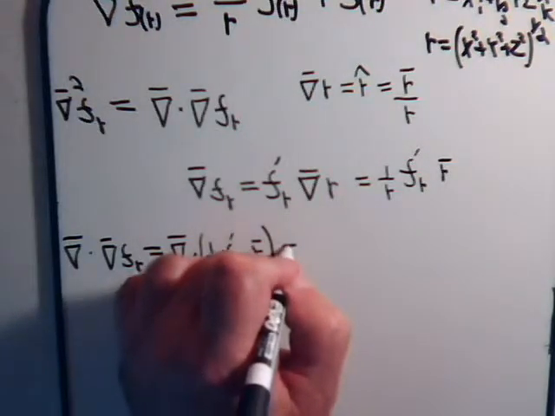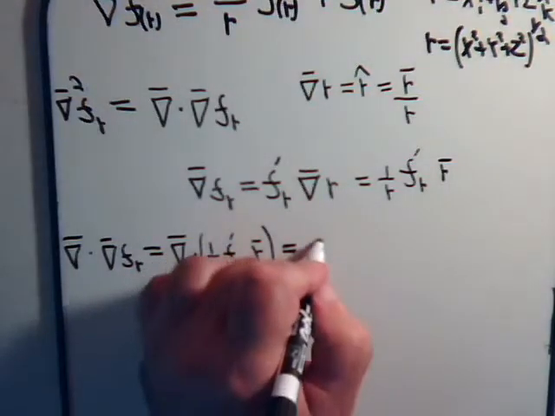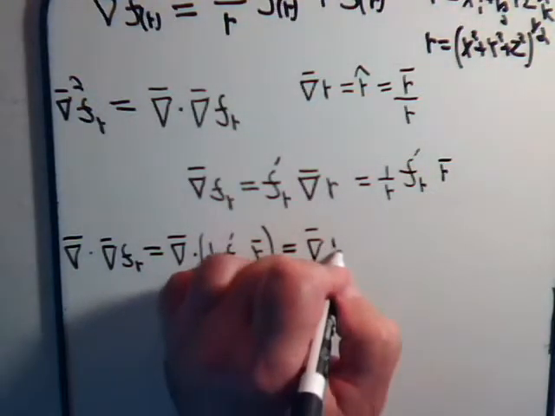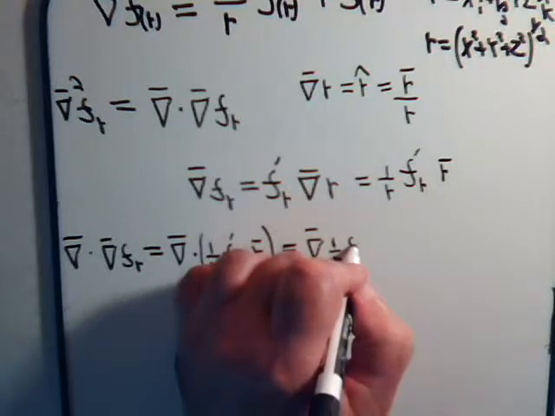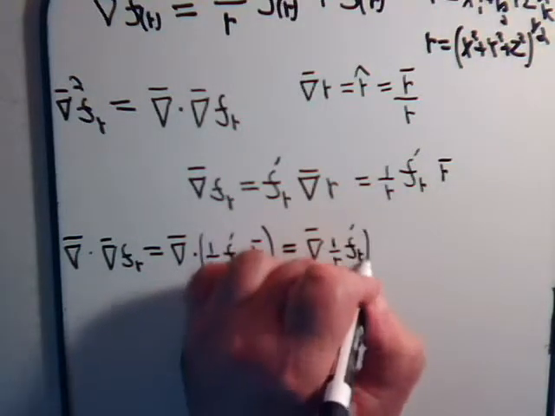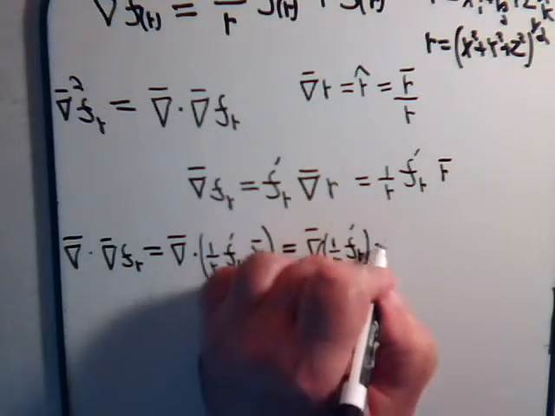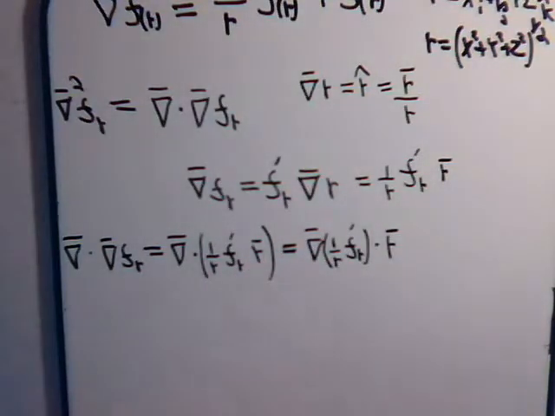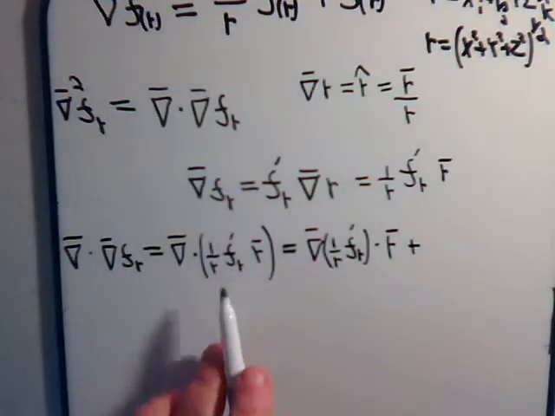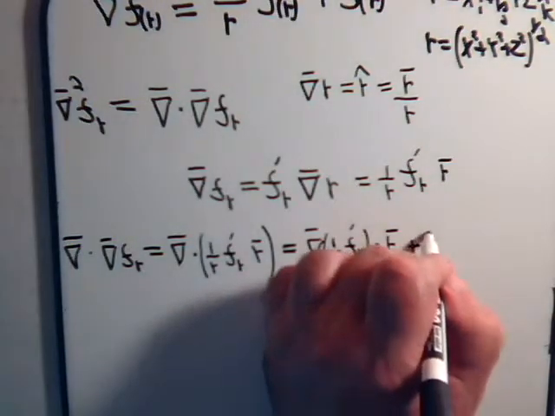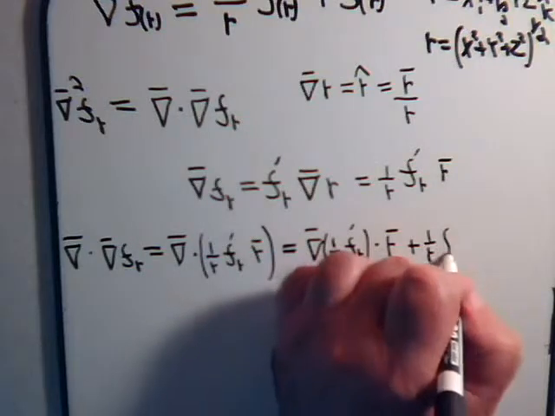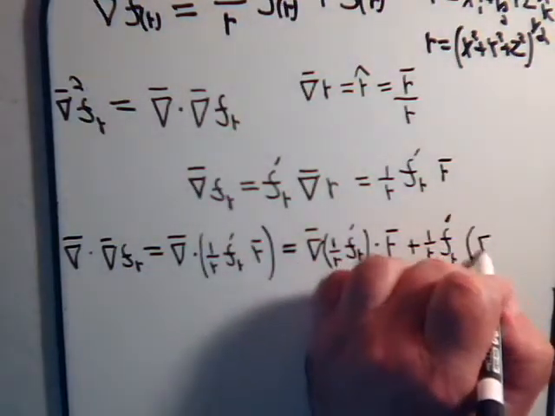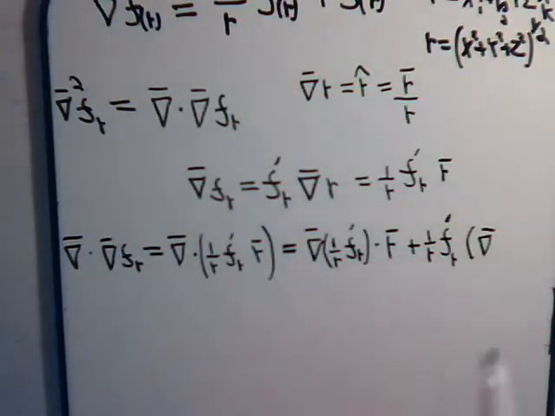This is equal to the gradient of this scalar, you take the dot product of that with the vector, in this case that is the position vector r, plus it is the scalar quantity 1 over r times the first derivative of the function, and that's being multiplied by the divergence of the vector.